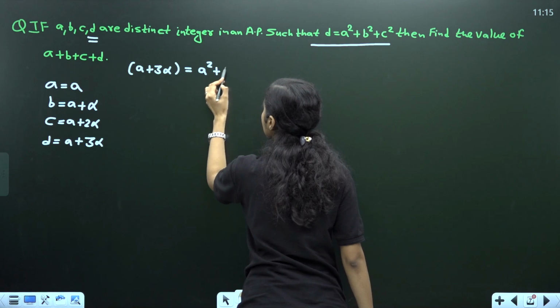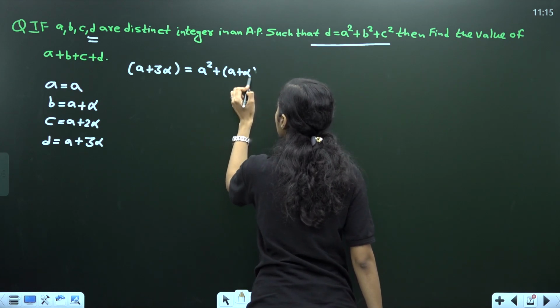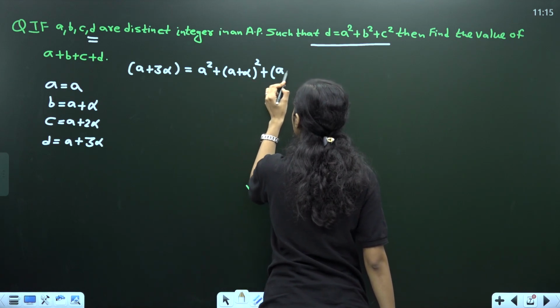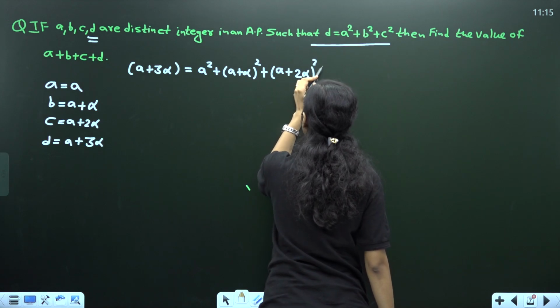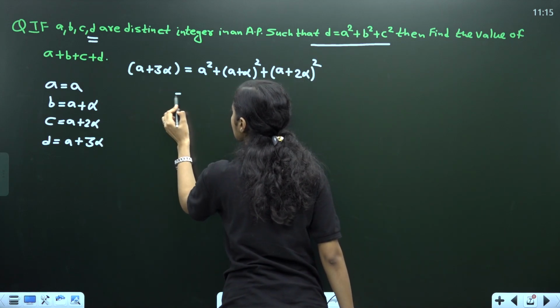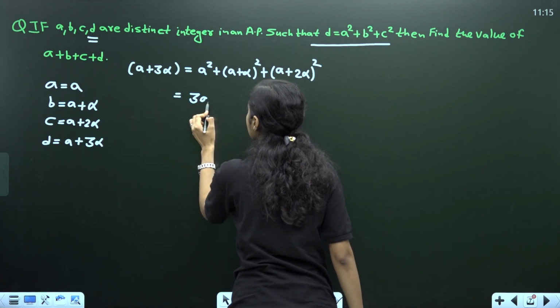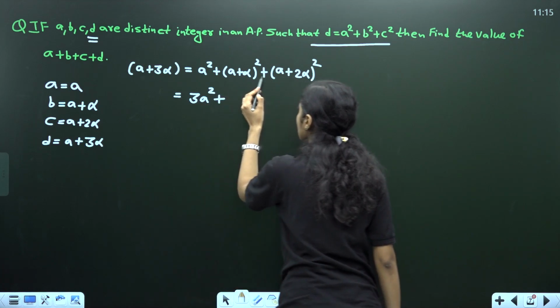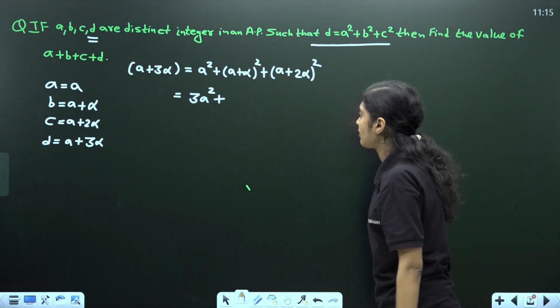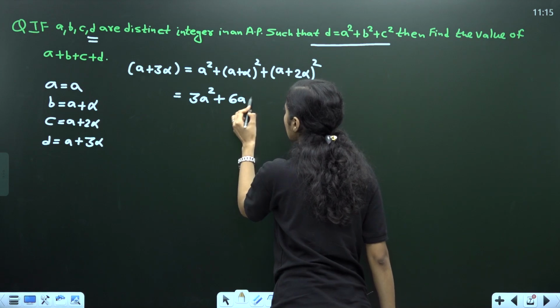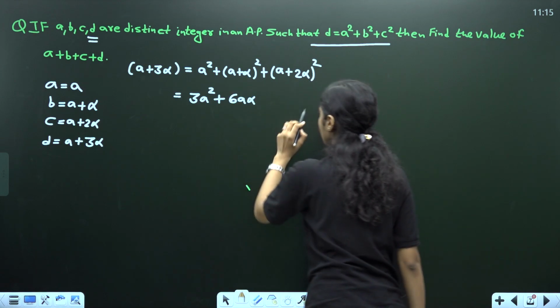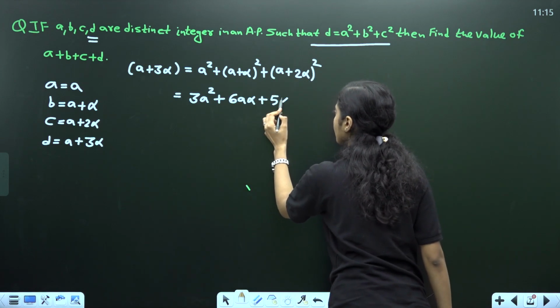Now put the values of a, b, c, d in the given relation: a plus 3 alpha equals a square, a plus alpha, (a plus 2 alpha) square. Now this becomes 3a square, 2a alpha, 4a alpha, 6a alpha, alpha square and 4 alpha square become 5 alpha square.